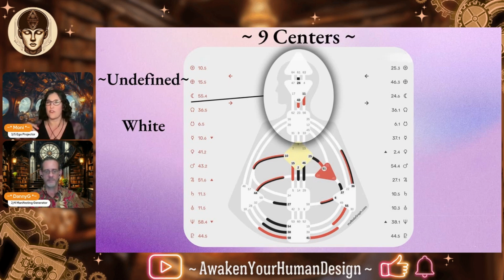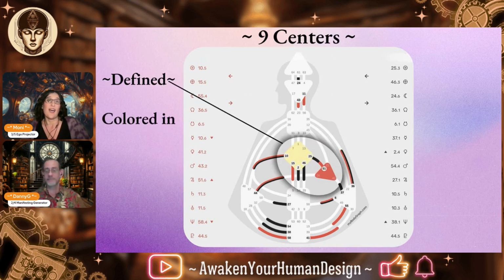It's just when there's something hanging off of it, it'll be undefined, it'll be open. Completely open is when it's just the white shape and no little tendrils, no gates hanging off of it, like the head or the throat center in this example. A fine distinction gets drawn at a later time regarding them, but now you know these are open centers. They're not broken. They're open. They're just receiving.